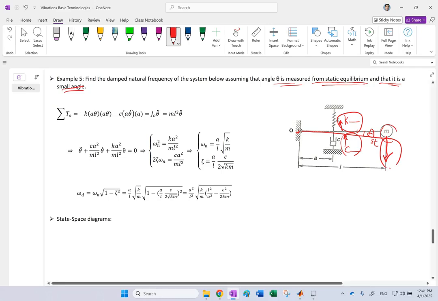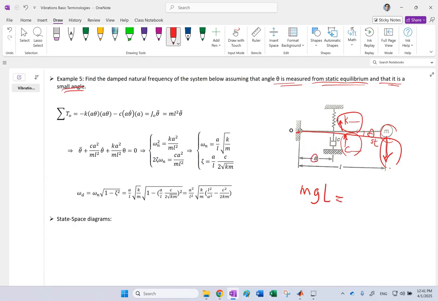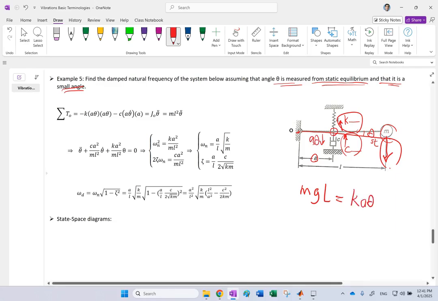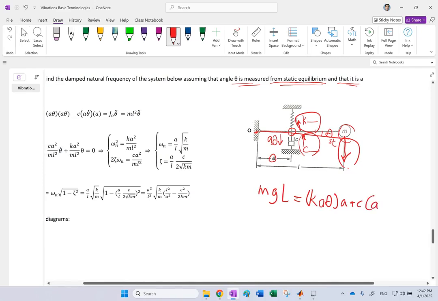Okay, so basically you can say that mg times L at that position is equal to k times a, assuming that angle is small, the displacement of this point down here is going to be a times theta, so it is going to be k a theta, that's the force, times a, that's the distance, then plus c times the velocity of that point, which is going to be a theta dot, times a.